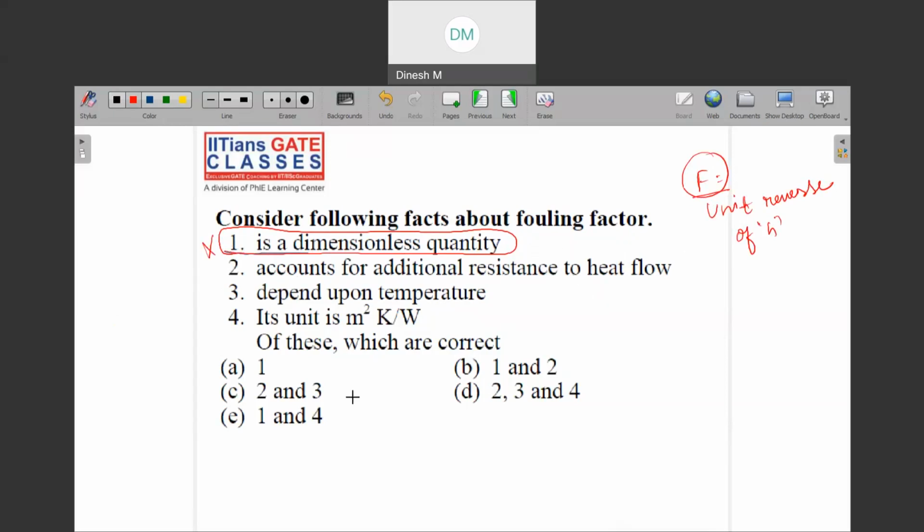So let us go now to the given options. If statement 1 is wrong, then I can cut option A; it is not the correct one. Option B and option E also say statement 1. And we can see that two of the options contain 2 and 3. Sometimes we can utilize this kind of analogy in solving objective questions where multiple statements are given.